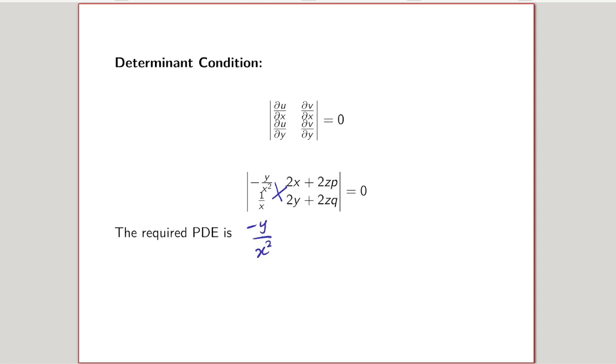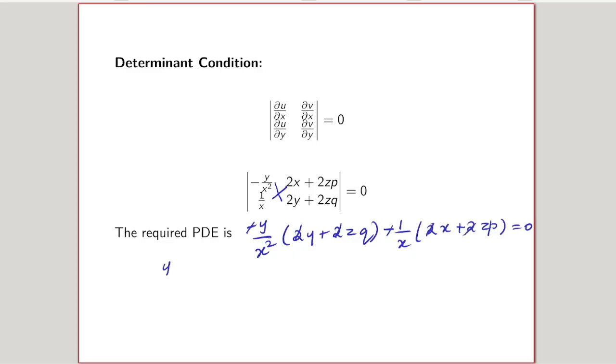Minus y by x squared into 2y plus 2zq minus 1 by x into 2x plus 2zp will be equal to 0. So minus and minus, we can cancel this one, and similarly in all the terms we are having 2, so we can cancel 2 also in all the terms.